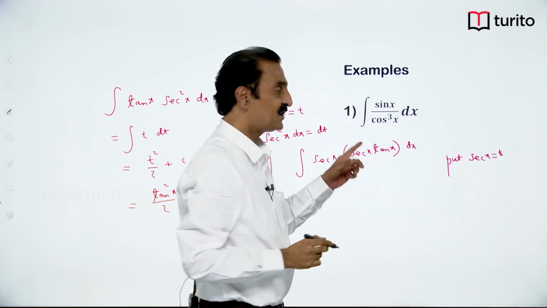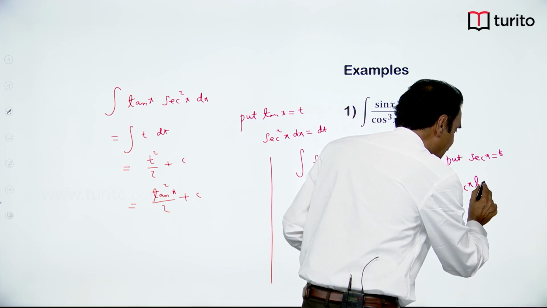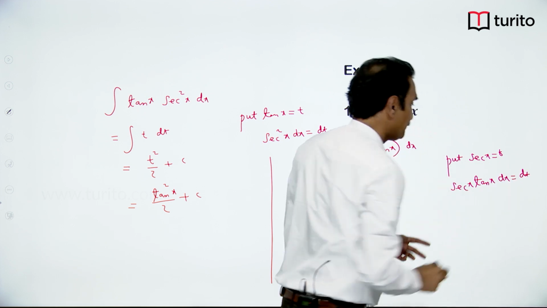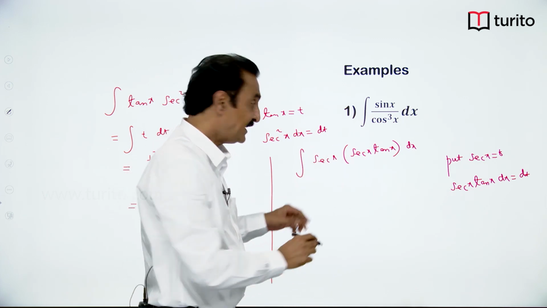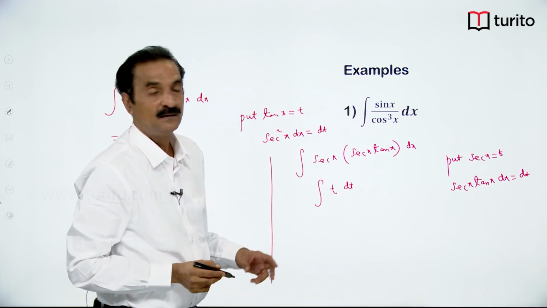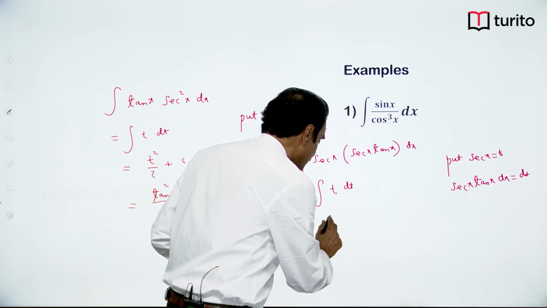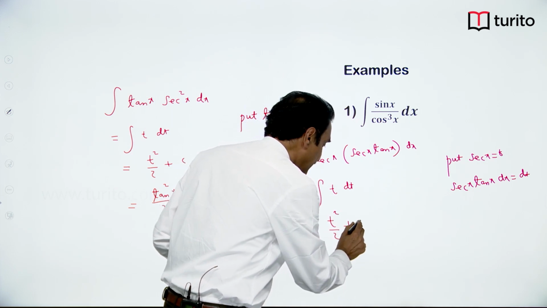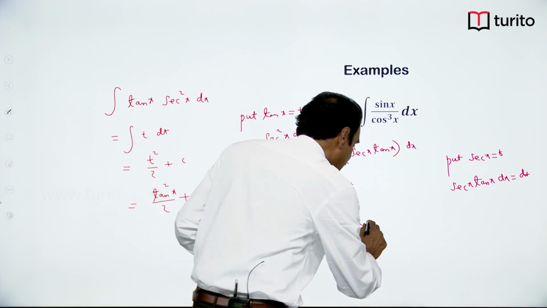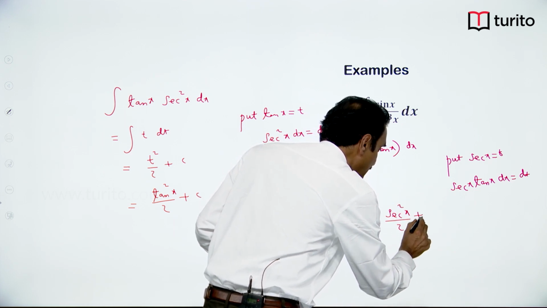Then differentiating on both sides, we get secant x into tan x dx is equal to dt. Then it becomes integral t dt. What is the integral of t? t square by 2 plus c. Substituting t is equal to secant x, we get secant square x by 2 plus c.